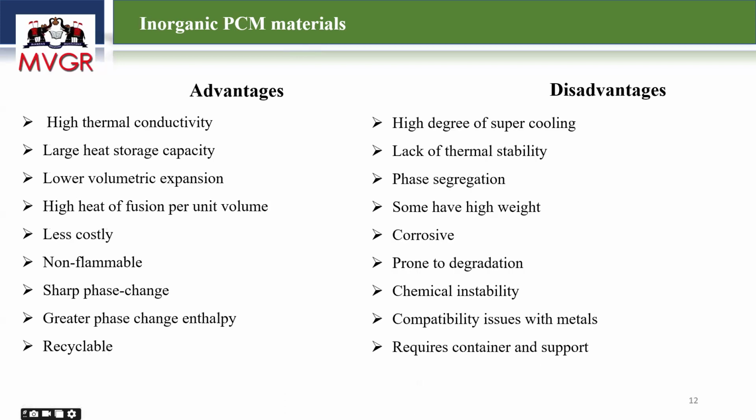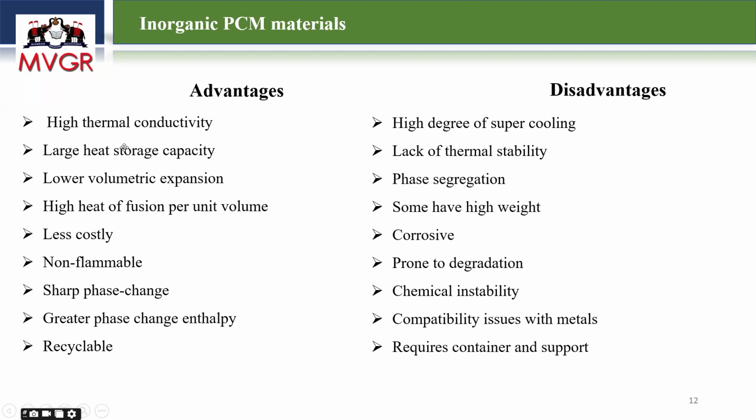And coming to inorganic waste material, as compared to organic waste material, here the thermal conductivity is somewhat higher. But even for inorganic waste materials, the most challenging part is lower thermal conductivity. But compared to the organic waste material, this inorganic waste material has more thermal conductivity. And it also has a large heat storage capacity.